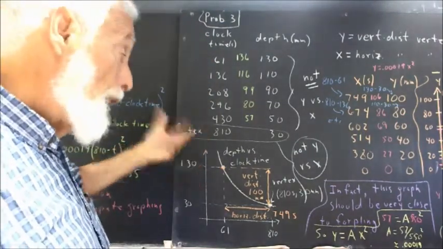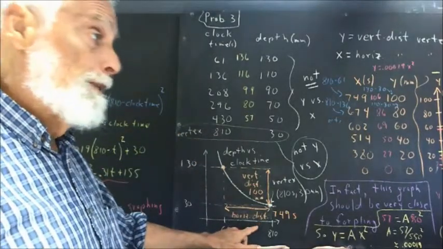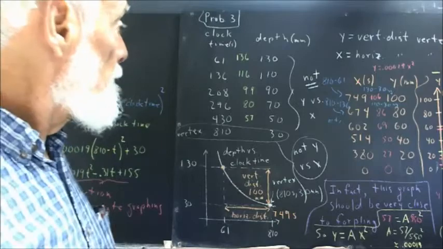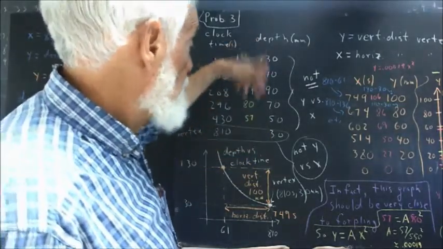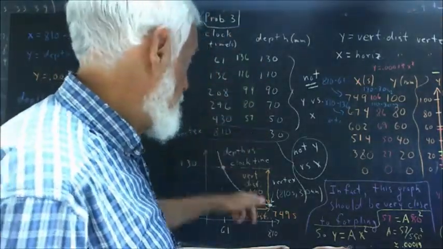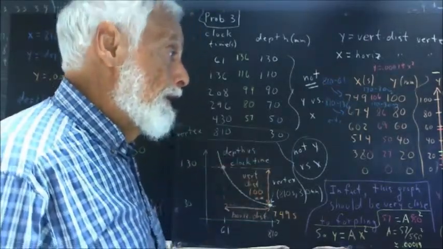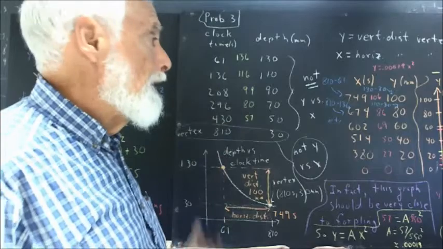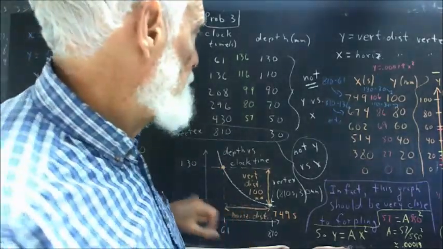So in order to get a positive number, and the distance has to be a positive number, we have to subtract this from this. Why did we subtract this from this? Well, these numbers are all bigger than this. If we want to get this distance, we have to get a positive number. So we do the subtraction in what feels like the opposite direction.